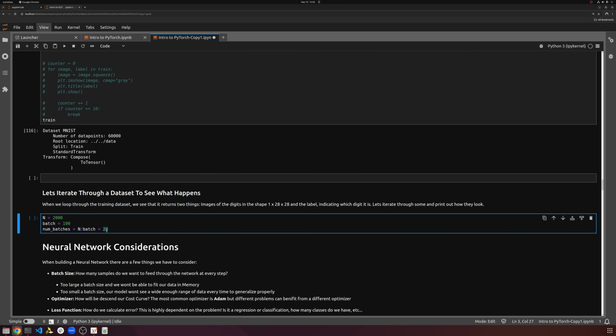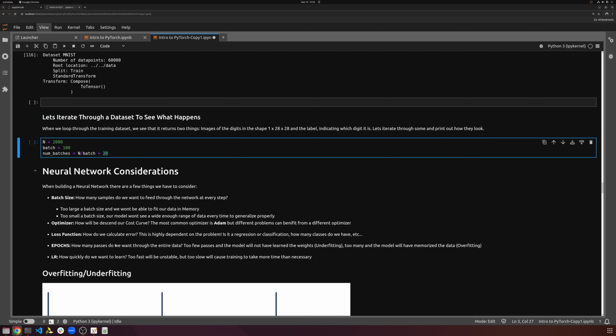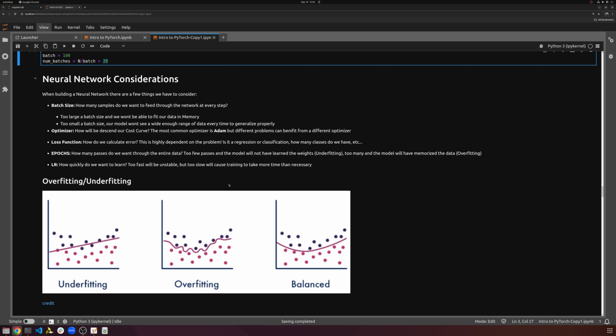In this case, 20 batches. Once we've completed 20 batches, we've exhausted all 2,000 images, and that is a single epoch, one full iteration through the data. And then we'll basically repeat that, maybe 5 epochs, 10 epochs, some number of epochs. But there are some considerations to be made, and we'll get there in a second.